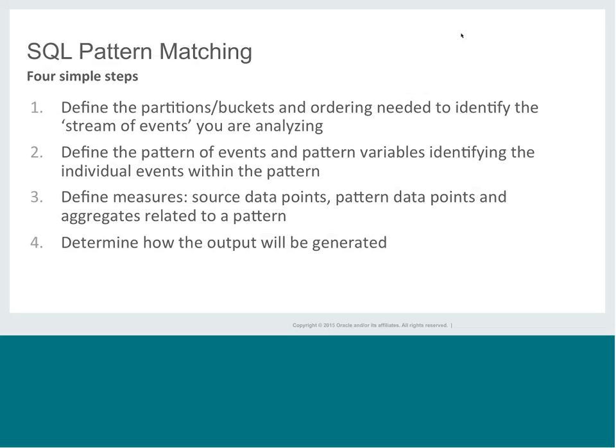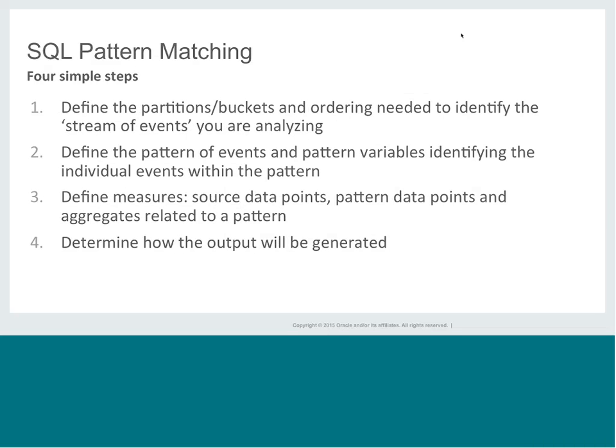If we've got more than one ticker, more than one symbol, we obviously want to be able to find that W pattern for each symbol. So we'll need to divide the data up based on the symbols and bucket it and then order it by the timestamp for each price that we get for each symbol so that we can find that W pattern. So the bucketing and the ordering then allow us to expose that pattern.